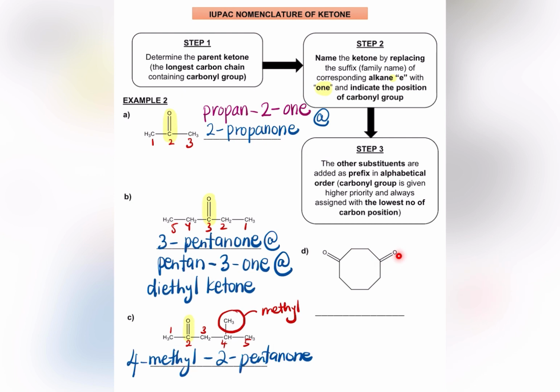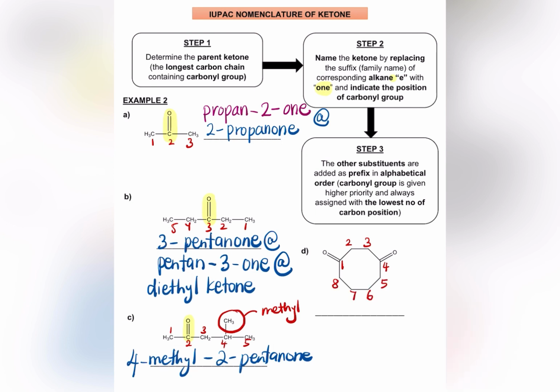There are 2 of them. So I'm going to start at whichever side I want. So I'm going to start from this numbering. I cannot go down because the numbering will be quite far from one another. So I'm going to go up. So this will be the second carbon, third, fourth, fifth, sixth, seventh, and eighth.